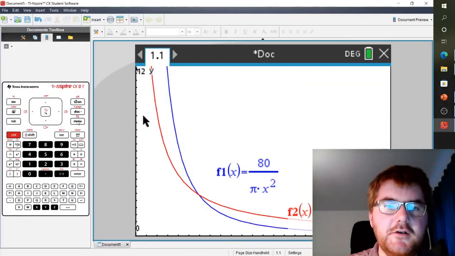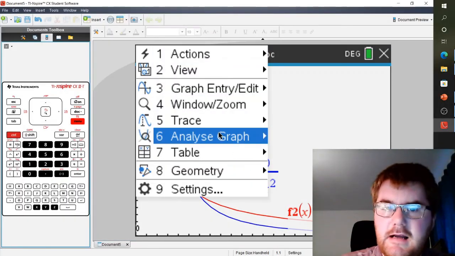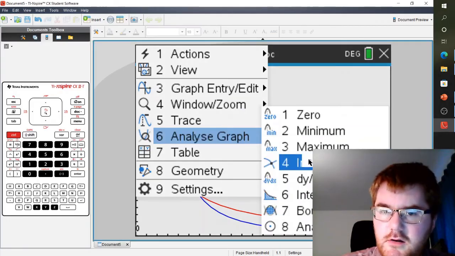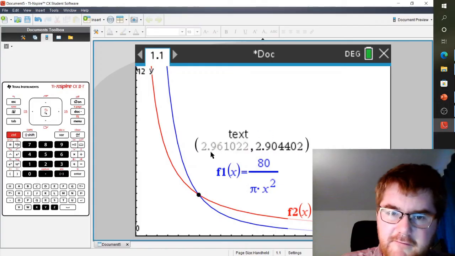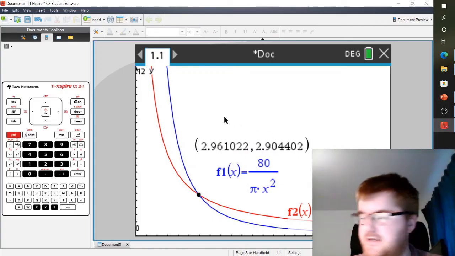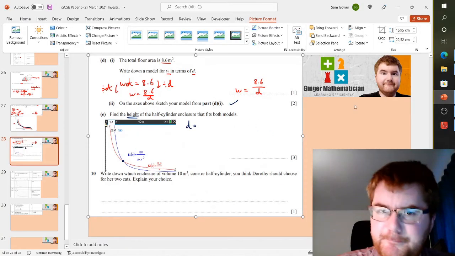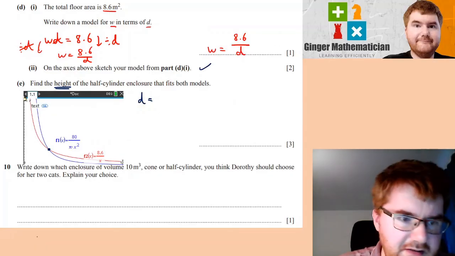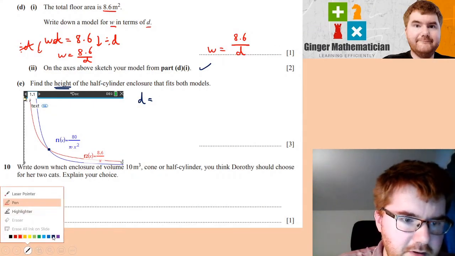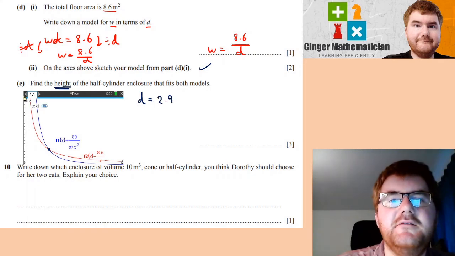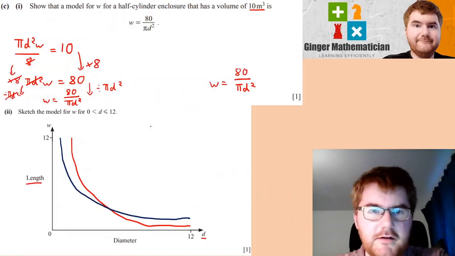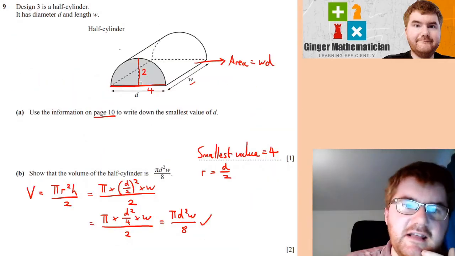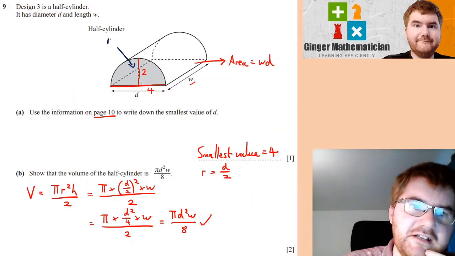So we go to Menu, Analyze Graph, Intersection, click before, click after, and then we read off the X value here, which is equal to 2.96. It's not going to be our final answer, because remember we're looking for the height of the enclosure, and if we go back, you'll see the height here is not actually the diameter, it's the radius.